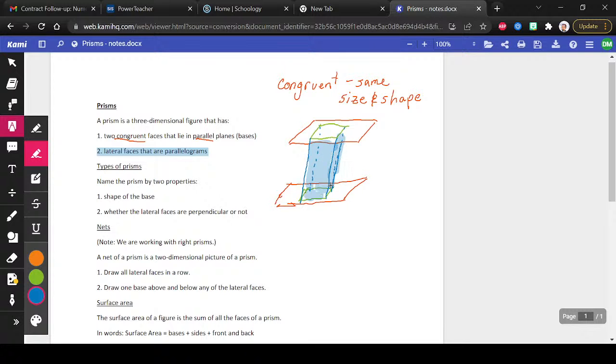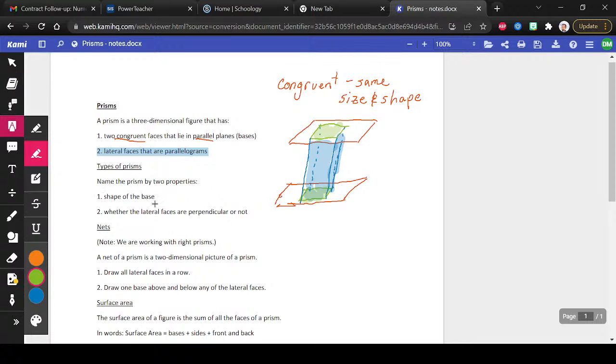This back here, that's a lateral face. Whereas up here on top, this is a base, and down here on the bottom, this is a base. So lateral faces are going to be parallelograms, and this figure up on the top can be any two congruent faces. So, types of prisms.